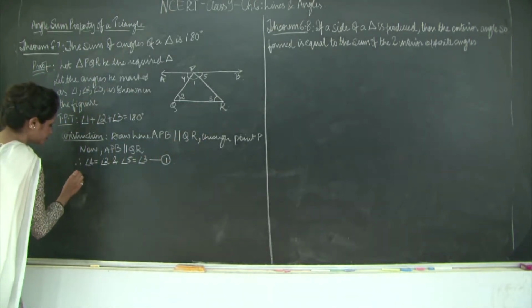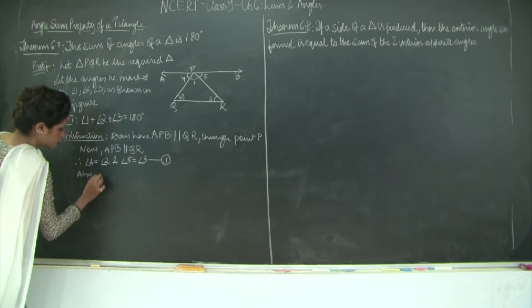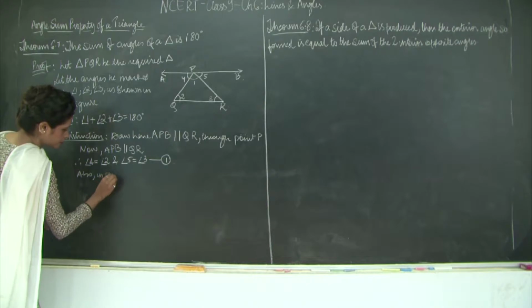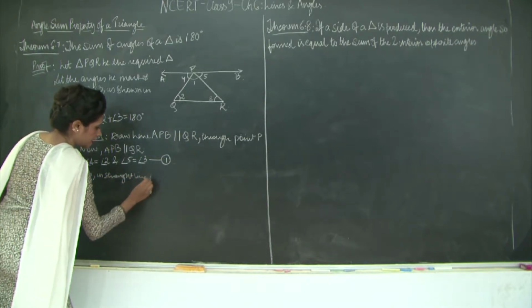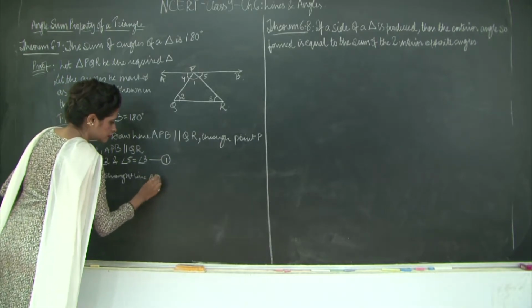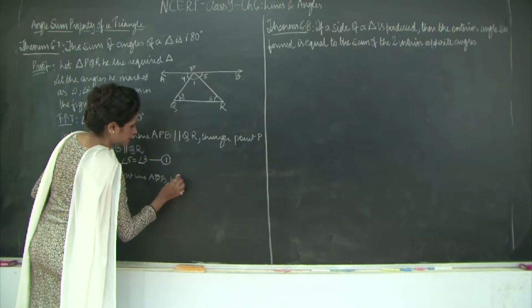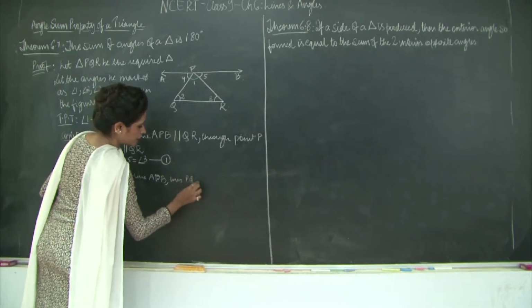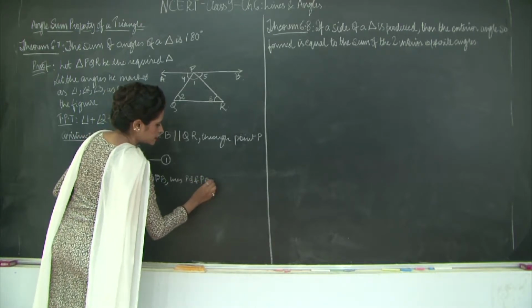Also, in straight line APB, lines PQ and PR stand on it.